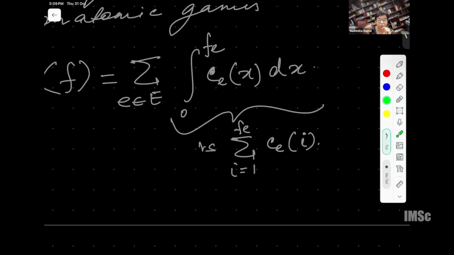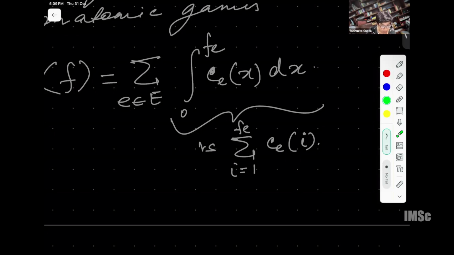But in non-atomic games, that's not the case. Think of it as one player, or infinite players, whatever. They are just splitting the flow across the network. In that case, the difference that we have is infinitesimally small, and the natural way of capturing such a situation is by integration. So this is a compare and contrast as to how this formula generalizes to the non-atomic game scenario.